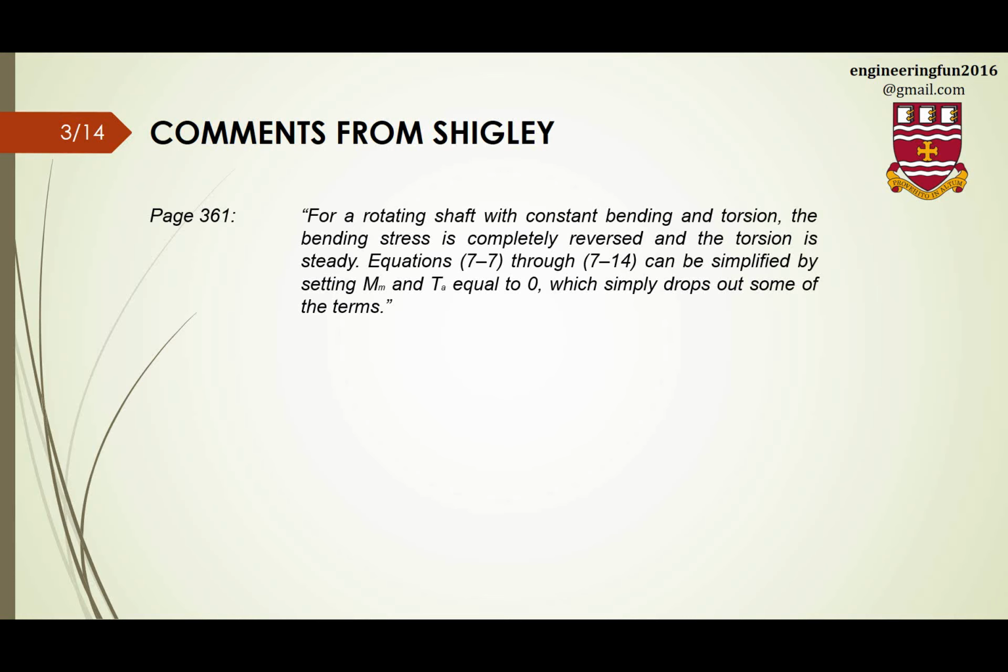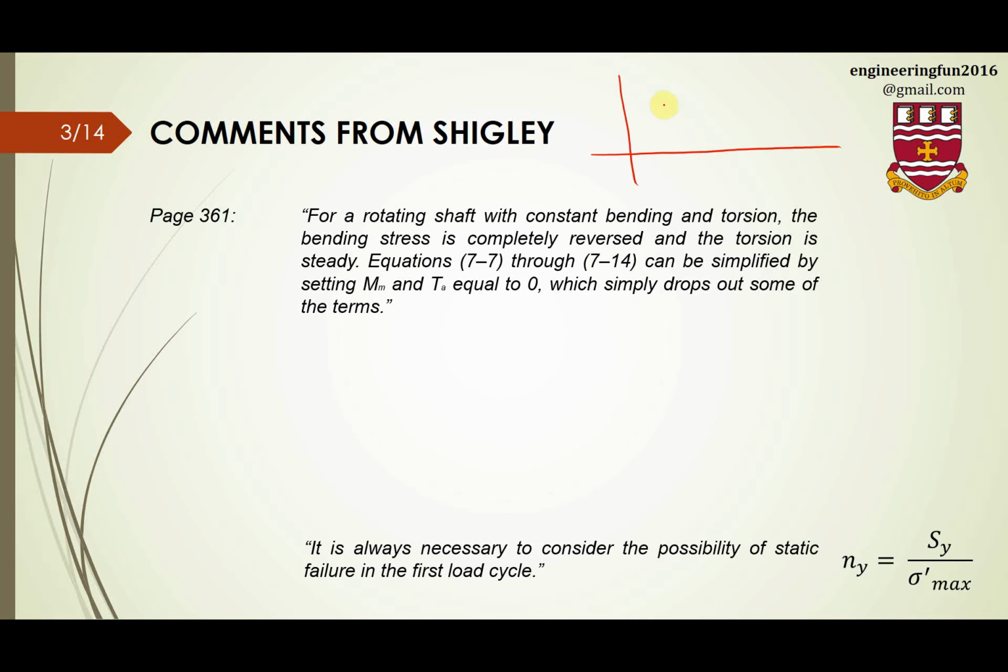What it means is that, for example, if we have a general fluctuation like this, we are having a fluctuation with an offset of, let's say, sigma m, and the amplitude is sigma a.